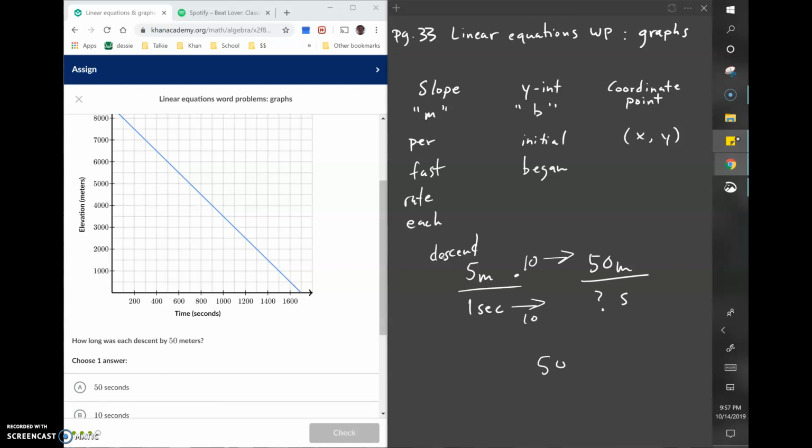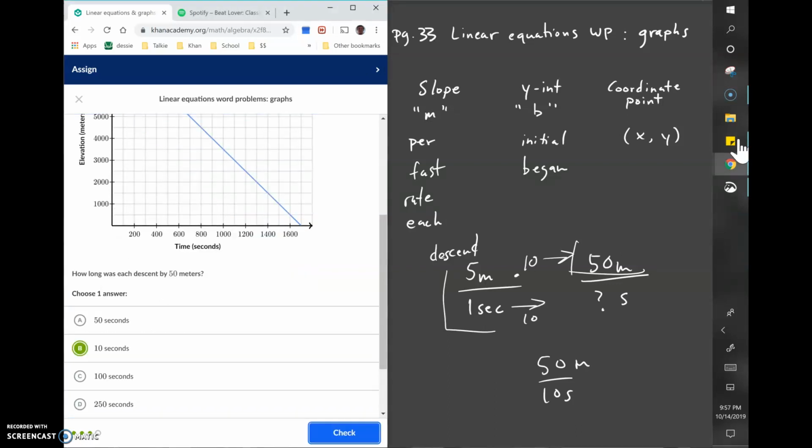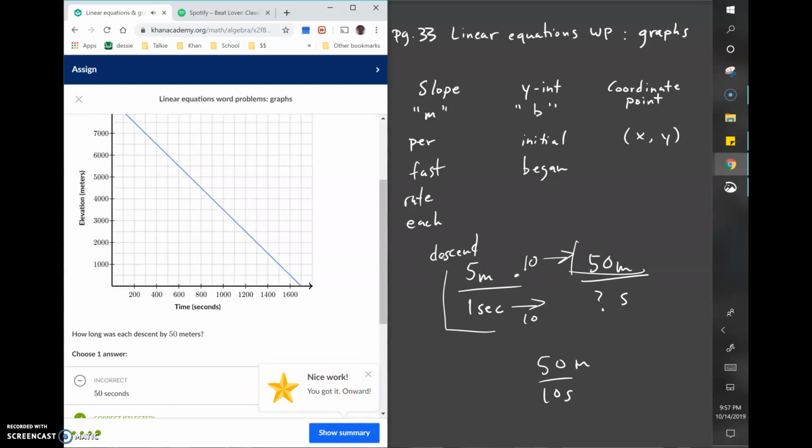So it takes 10 seconds to descend 50 meters. And so you're just pretty much scaling up the slope to the value that it wants you to scale it up at. And that's how you do equation word problems with graphs. Good luck.